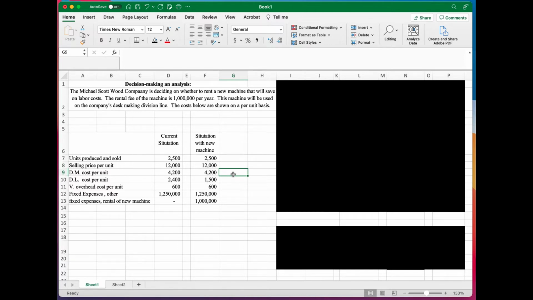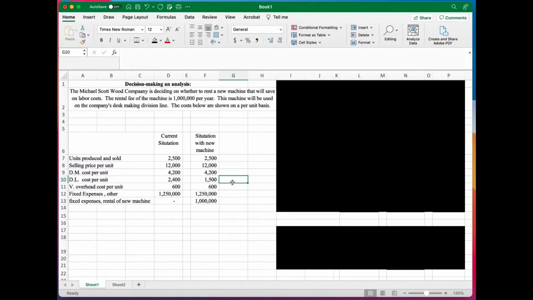The current situation, our direct material cost per unit would be $4,200. Under alternative 2, renting this new machine, the direct material costs per unit are still $4,200. Direct material is irrelevant in our decision-making process.